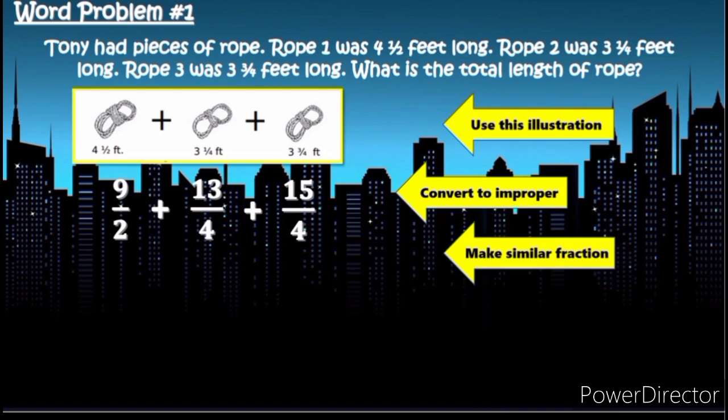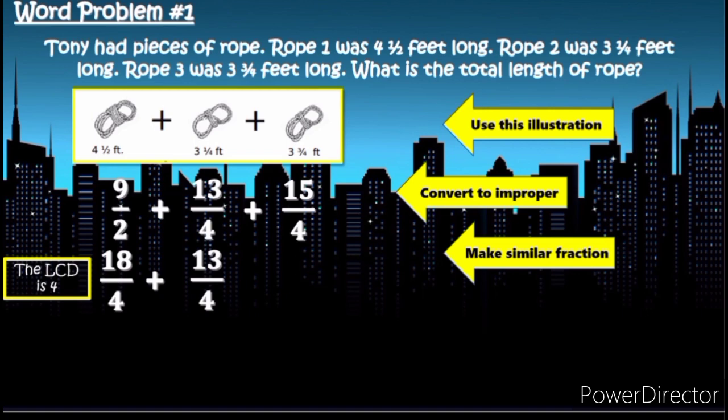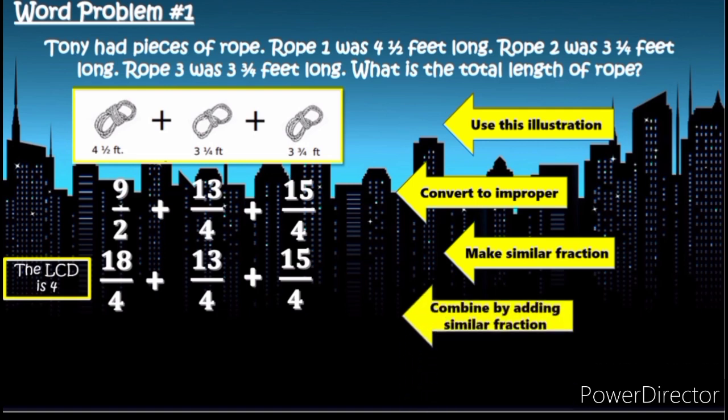Now let's make them similar fractions. Their LCD is 4. 9/2 will become 18/4, while 13/4 and 15/4 will remain because their denominator is already 4. Combine by adding similar fractions. 18 plus 13 plus 15 over 4.